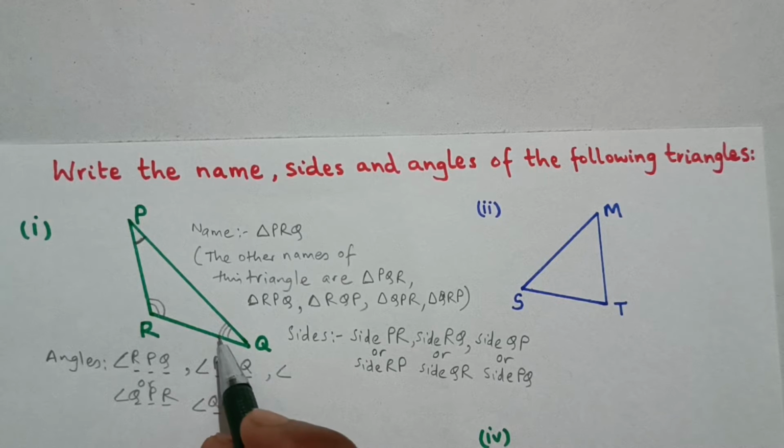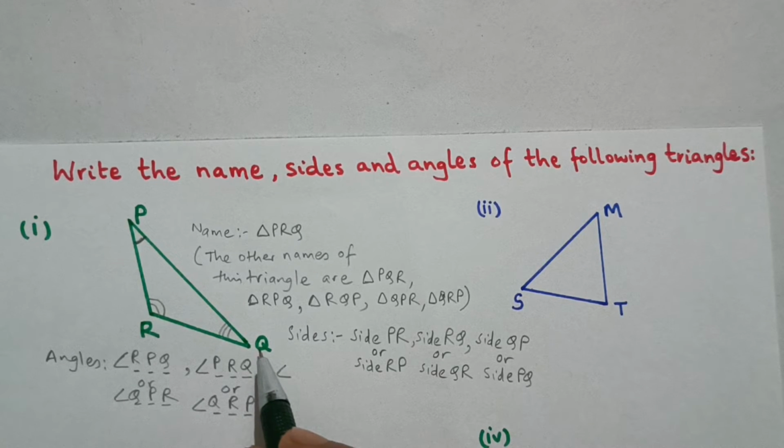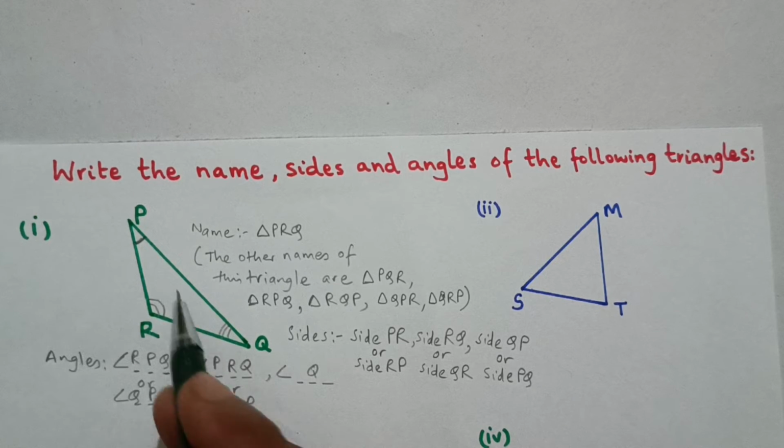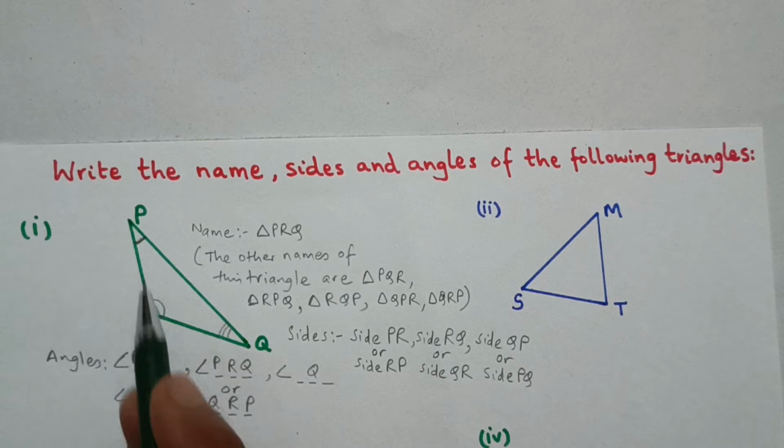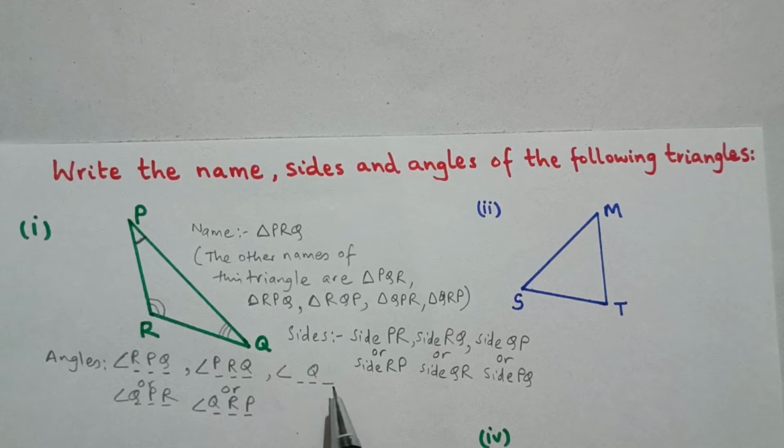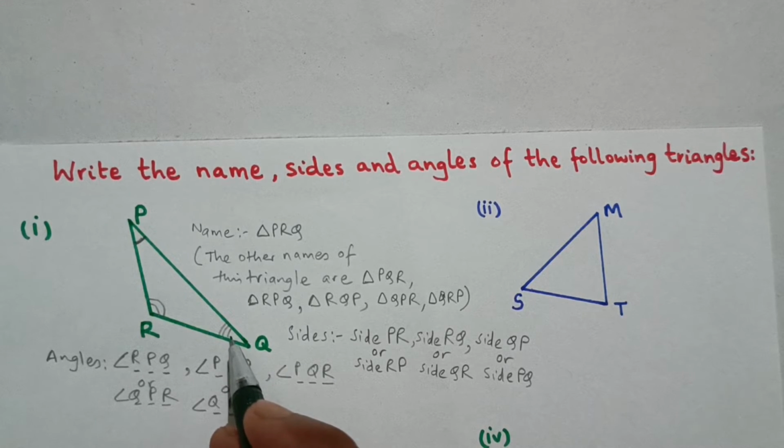So what is the name of this angle? This angle is formed at corner Q or vertex Q. So Q will be the middle letter and the other two letters of this triangle are P and R. So I will write P over here and R over here. So this angle is angle PQR.